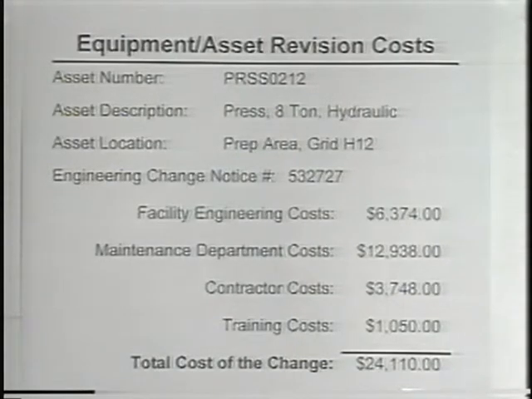So this particular equipment went through an engineering change notice procedure. It was approved, and the expenditures were all recorded, which totaled $24,110.